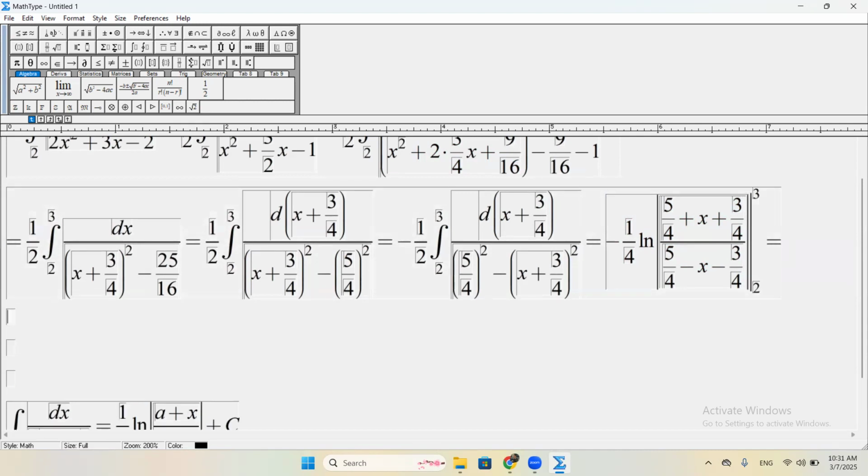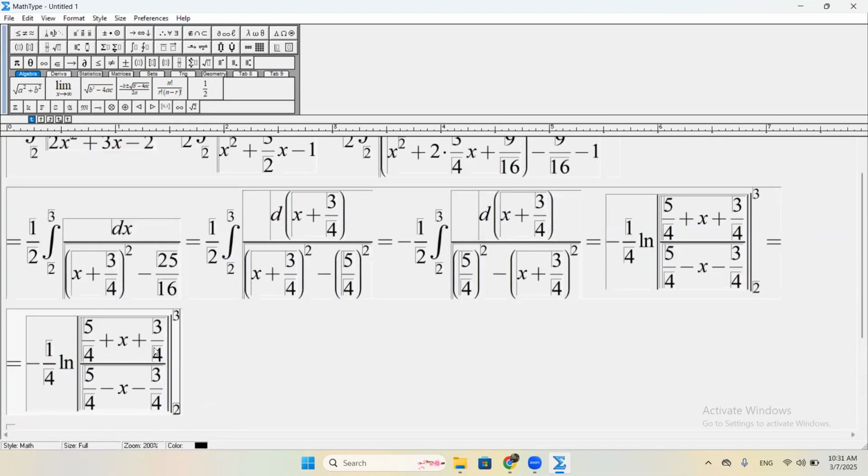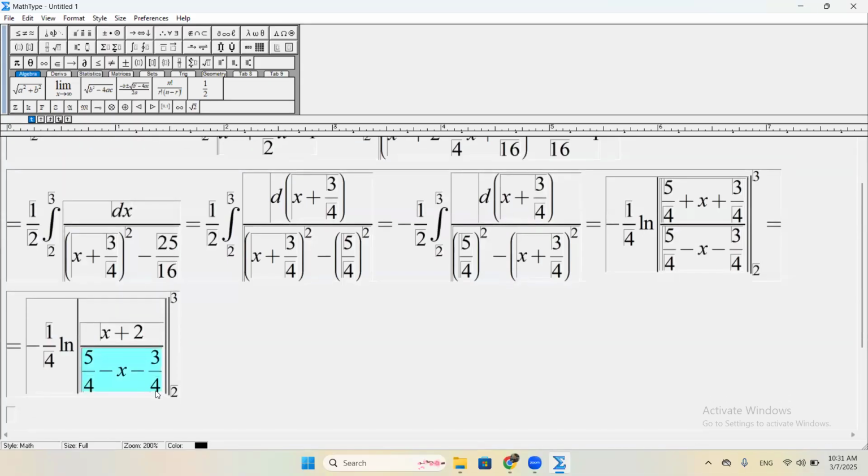Okay. So now let's simplify it a little bit. First of all, x plus 2, and here 1 over 2 minus x, and then minus 1 over 4.